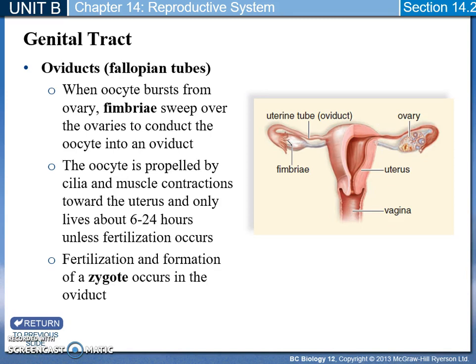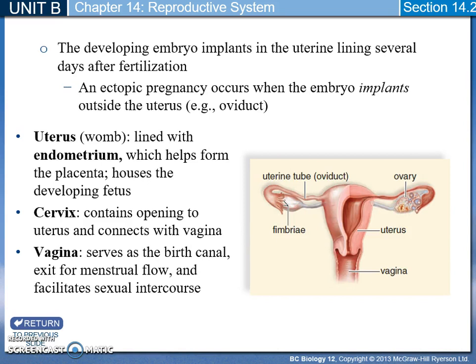If the oocyte is fertilized, the developing embryo will implant in the uterine lining, usually several days after fertilization. An ectopic pregnancy occurs when the embryo implants outside the uterus, for example, in the oviducts.